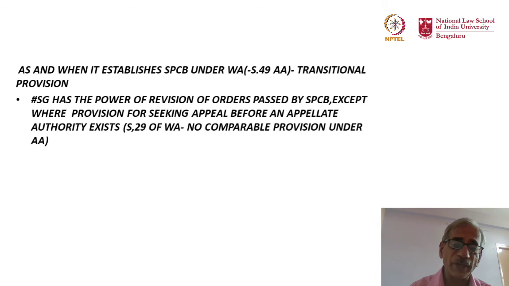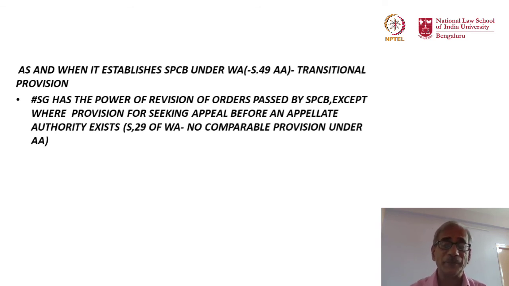In addition, the state government has the power of revising the orders passed by the State Pollution Control Board. So every order passed by the State Pollution Control Board is final. We will discuss the functions a little later. But as far as the state government is concerned, every order passed by them can be revised by the state government except as to an order issued by the State Pollution Control Board under certain circumstances.